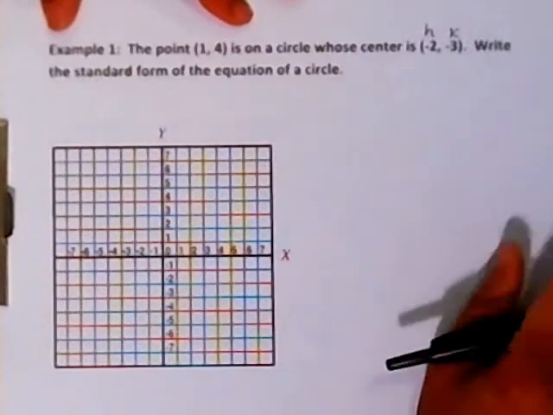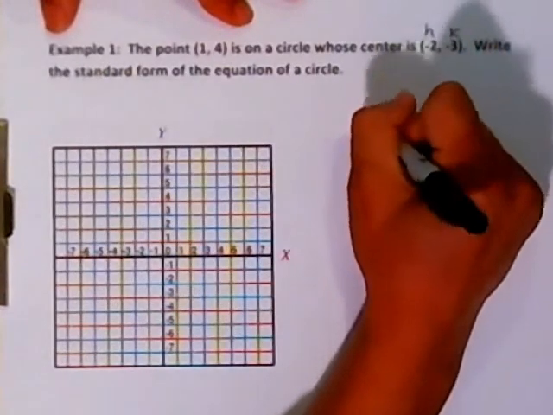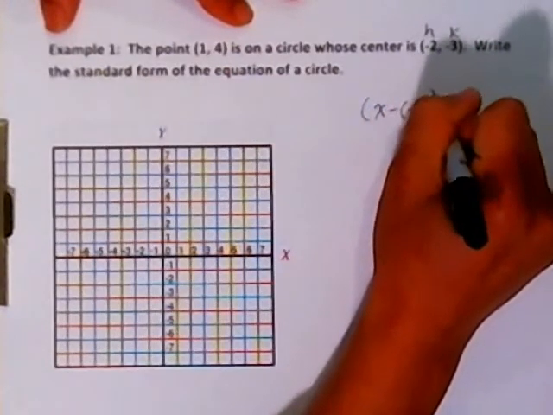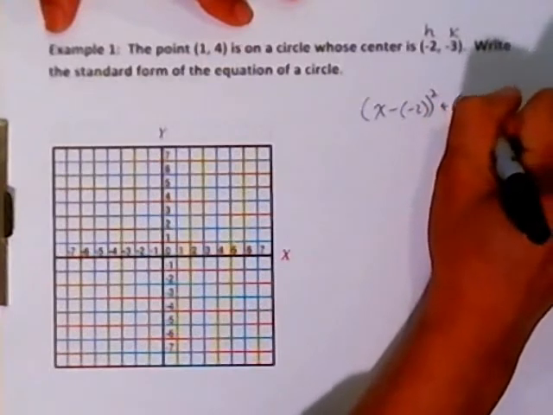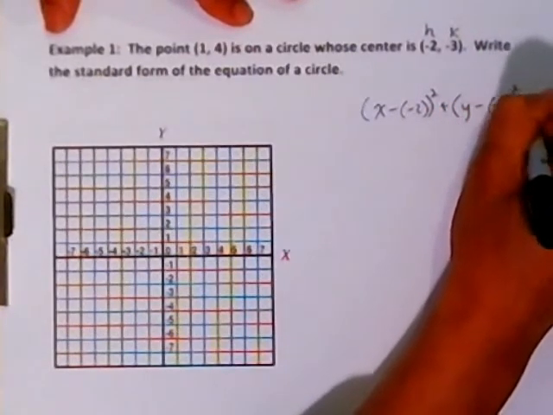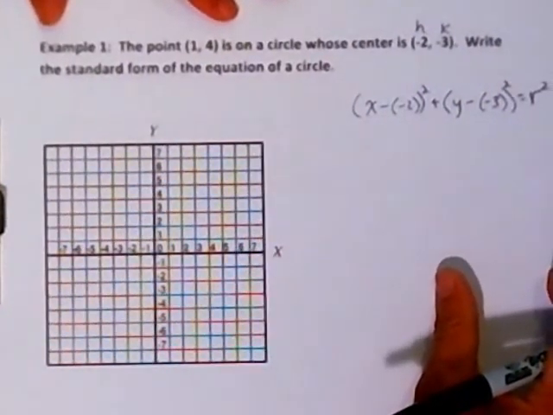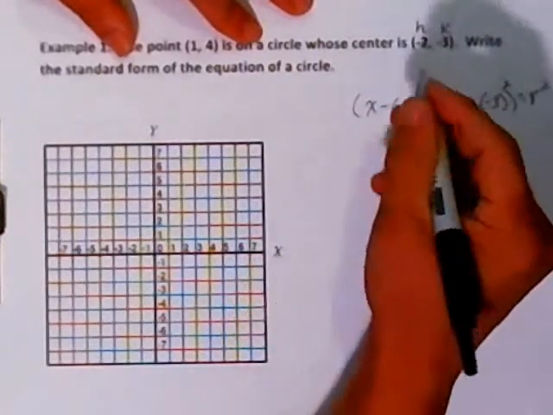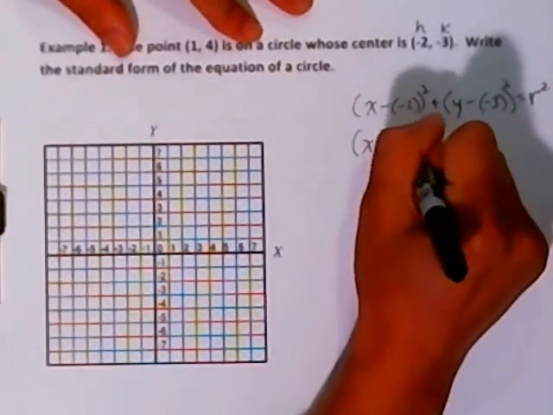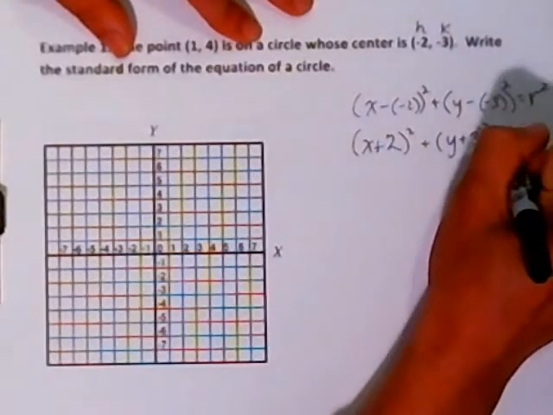I'm going to start writing the equation of the circle. It's going to be x minus negative 2 squared plus y minus negative 3 quantity squared is equal to r squared. If we rewrite the inside, x plus 2 squared plus y plus 3 quantity squared is equal to r squared.